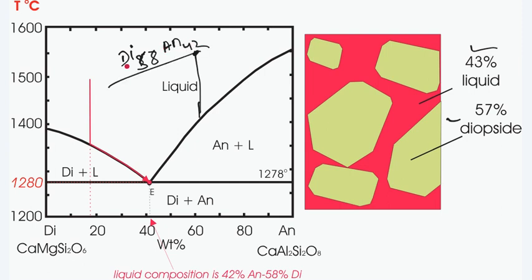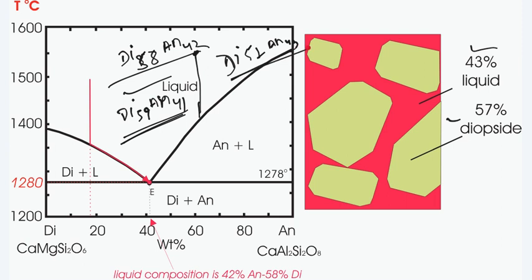Any composition with more than dioxide 58 will crystallize dioxide first. Any composition with more than anorthite 42 will crystallize anorthite first. If you have dioxide 59, anorthite 41, then dioxide will crystallize first. If you have dioxide 57, anorthite 43, then anorthite will crystallize first.